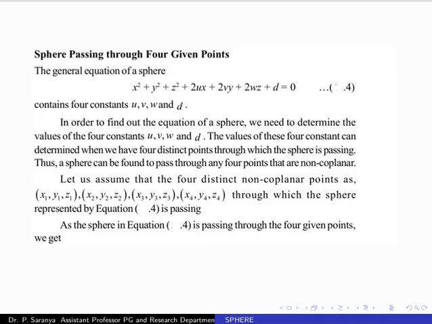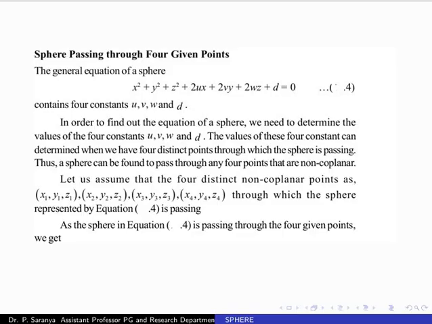Let us assume the four given non-coplanar points as (x1, y1, z1), (x2, y2, z2), (x3, y3, z3), (x4, y4, z4), through which the sphere represented by equation 4 is passing.